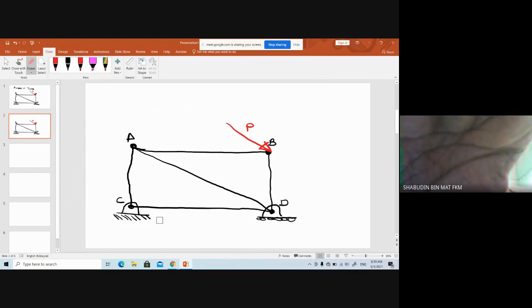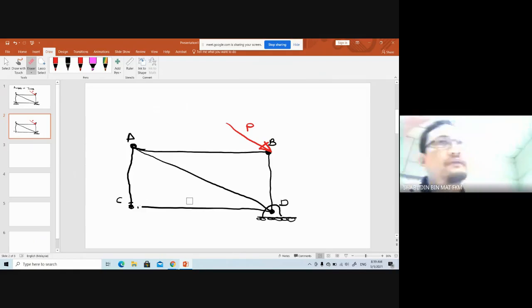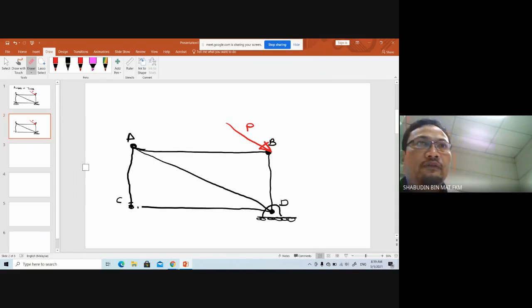Okay, don't draw force with the pin. When you remove the pin or the reaction attachment there, when you detach it, then you have the force. Okay, then you have the what? Then you have the force.